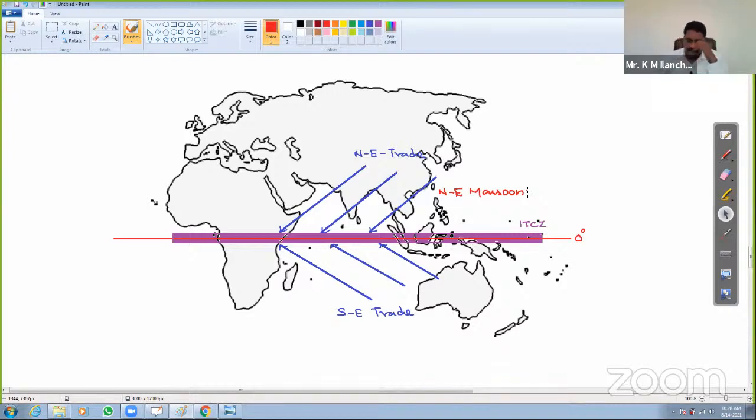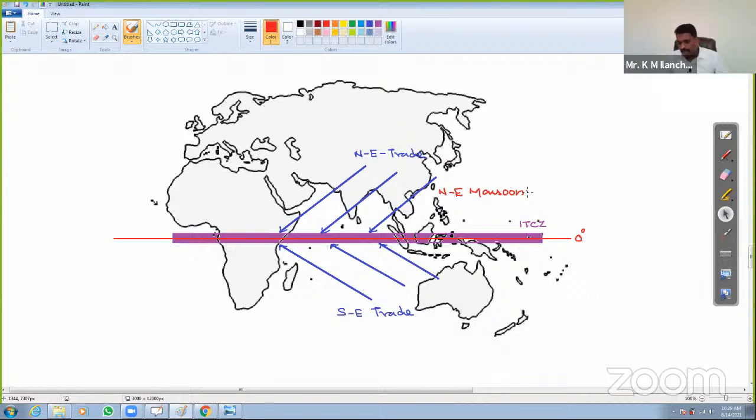Now, correlate this: when the sun's vertical rays shift towards the equator, the ITCZ also shifts towards the equator. With the apparent shift of the ITCZ towards the equator, the displaced northeastern trade once again gets re-established over the Indian landmass. This is what you call the northeastern monsoon.